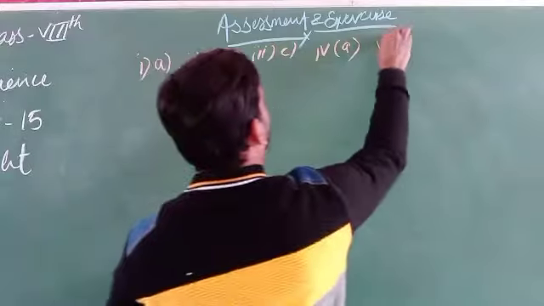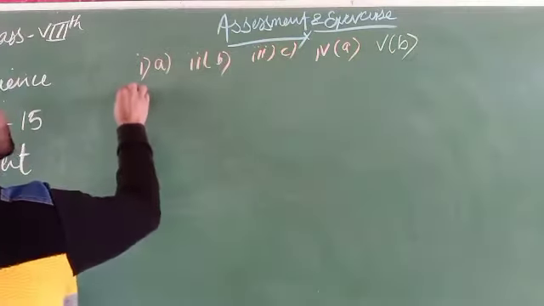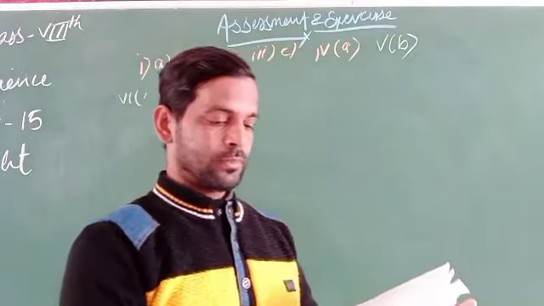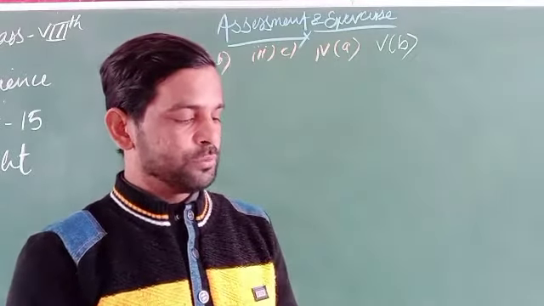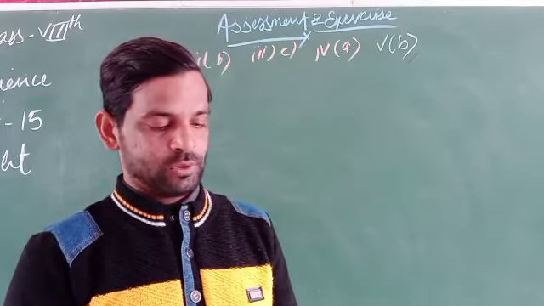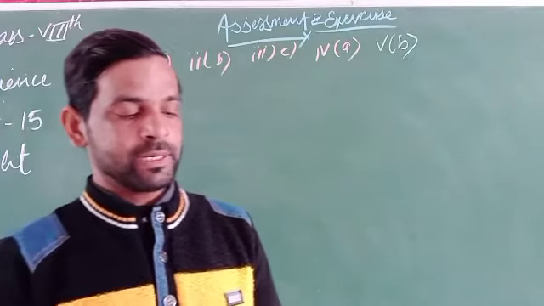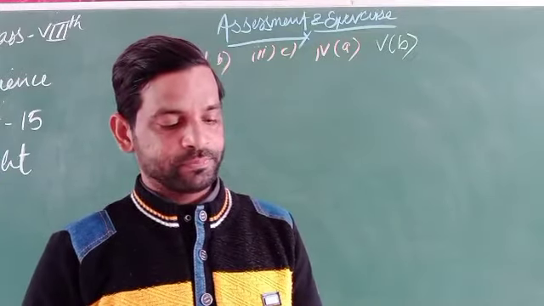Question number 5, B. Question number 6 is given as: two mirrors A and B are placed at right angles to each other as shown in the figure.